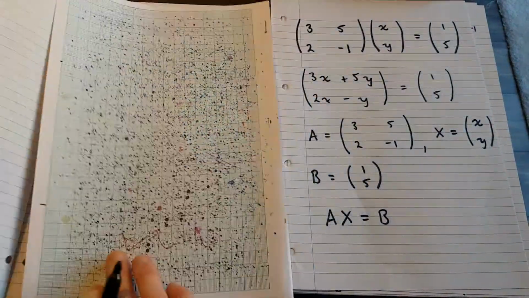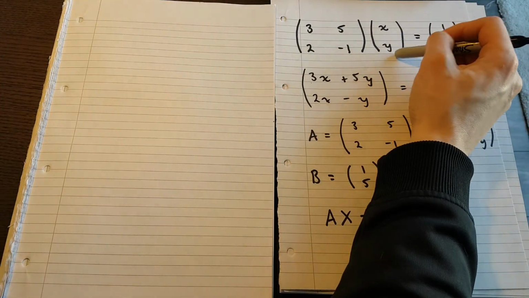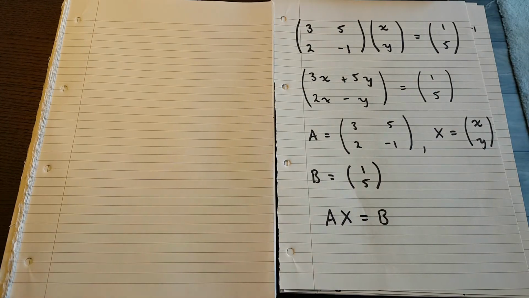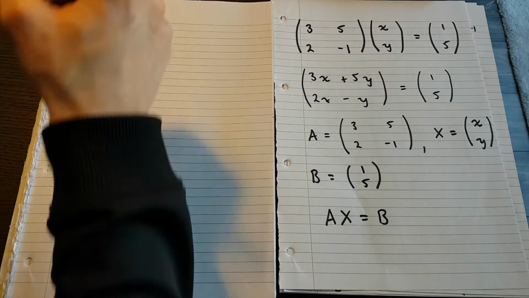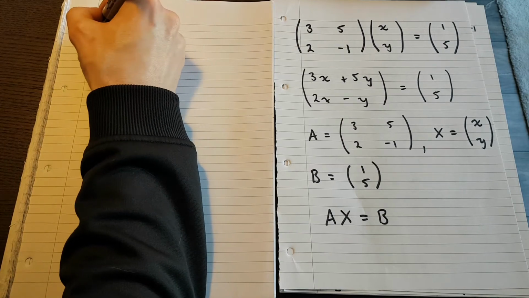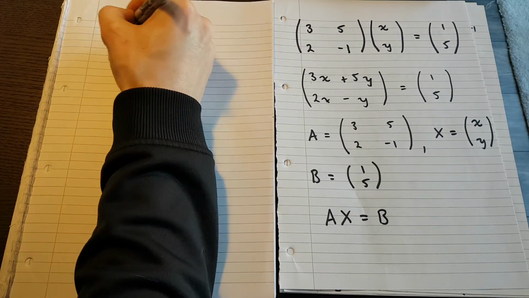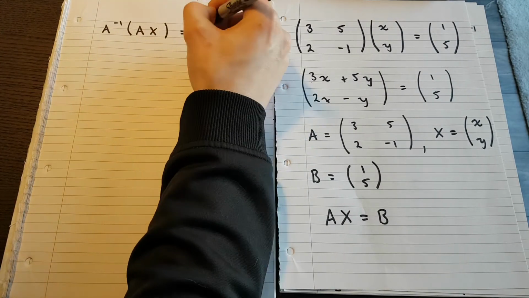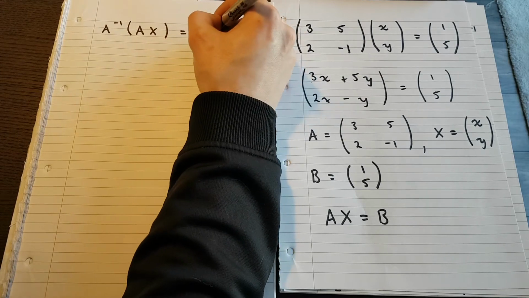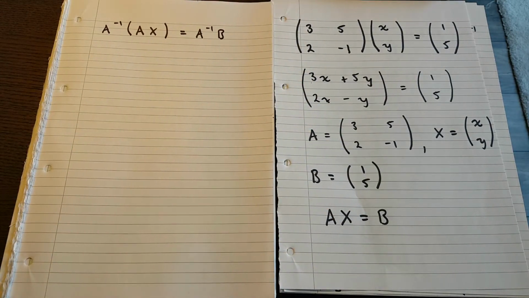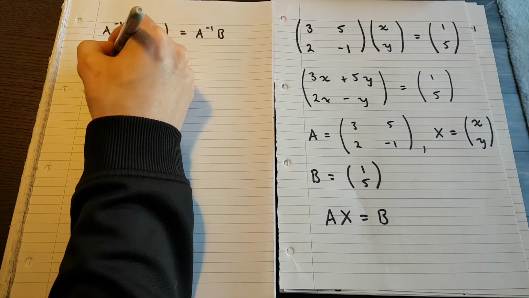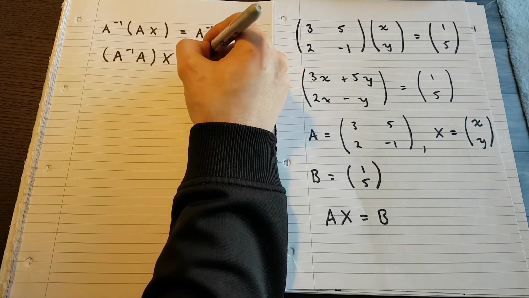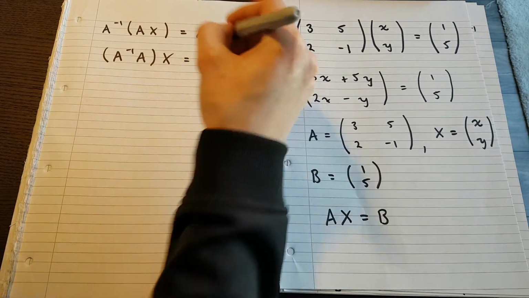And now, how can I solve this? Well, what I'm really trying to find is the x and y here, or this vector X of the variables lowercase x and lowercase y. Well, suppose I multiply both sides by the inverse of A. Then A inverse times AX would be A inverse times B. Then I would have A inverse times A times X is equal to A inverse times B, just moving from one line to the next.